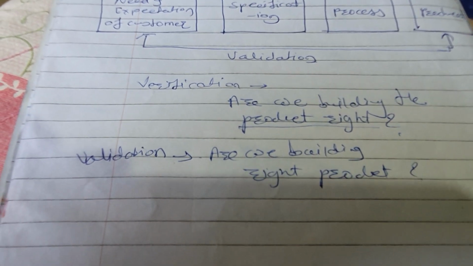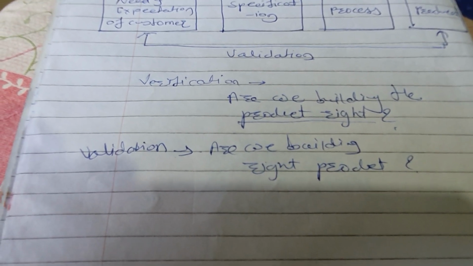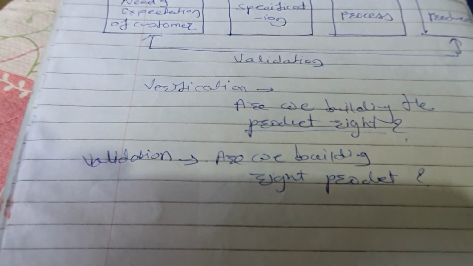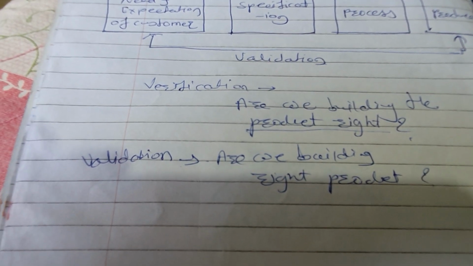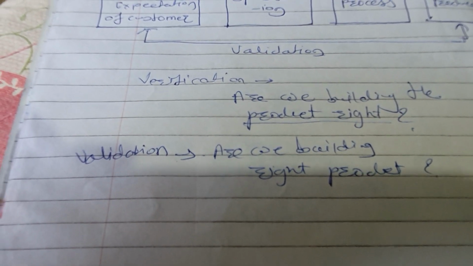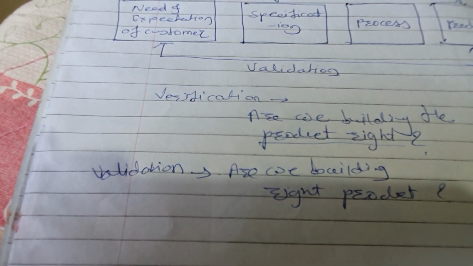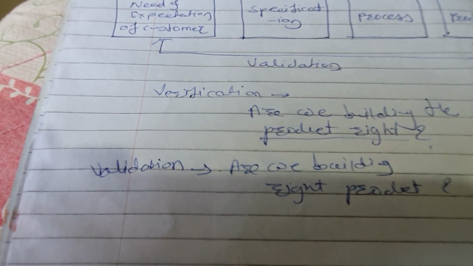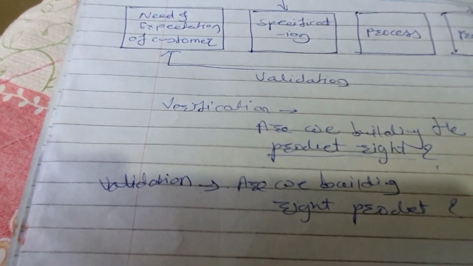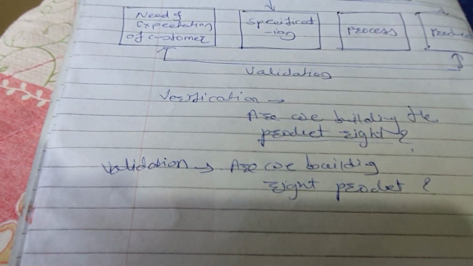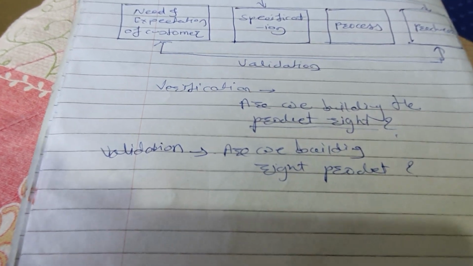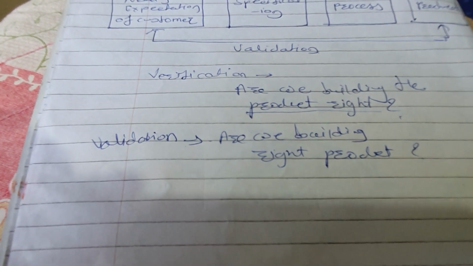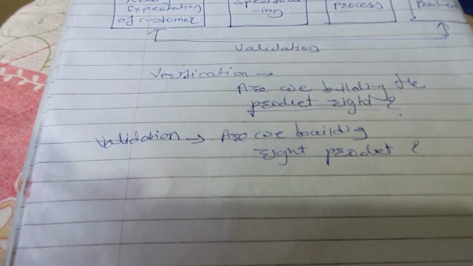In short, validation is the process of evaluating the final product, your final software, to check whether it meets the business needs. So it is a dynamic approach. Execution of code happens in the validation phase, while in the verification phase only the basic design and requirements related to the customer are checked.